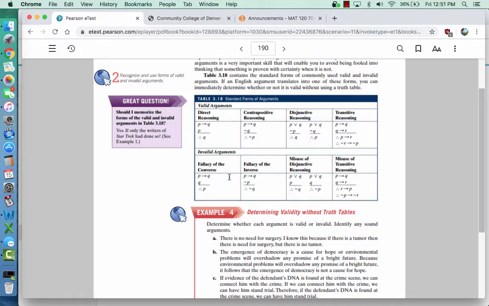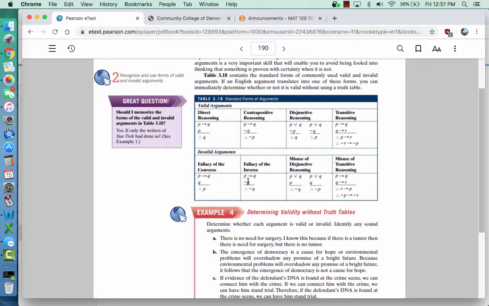The fallacy of the inverse is, so let me read the statement. If you live in Denver, then you live in Colorado. Somebody doesn't live in Denver, therefore they don't live in Colorado. And we know that that's false because even if you assume that if somebody lives in Denver, they live in Colorado, and you assume that somebody doesn't live in Denver, you can't necessarily conclude that they don't live in Colorado.